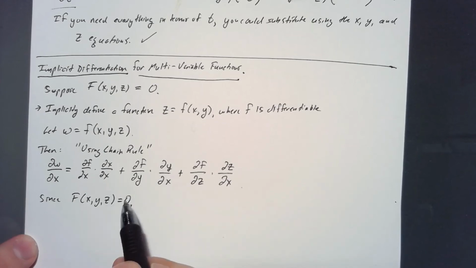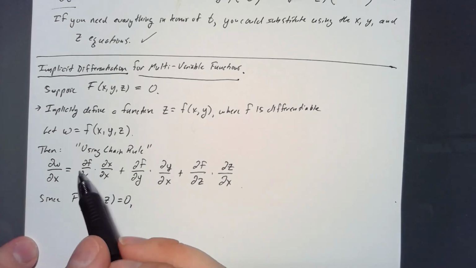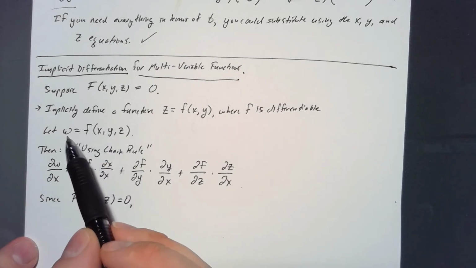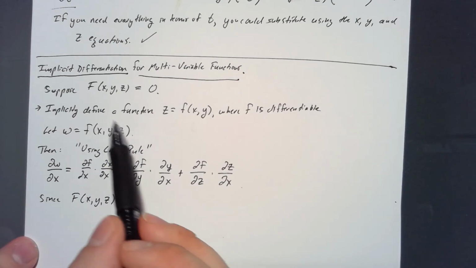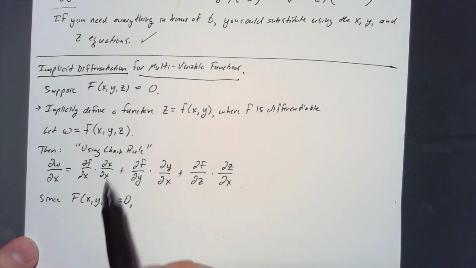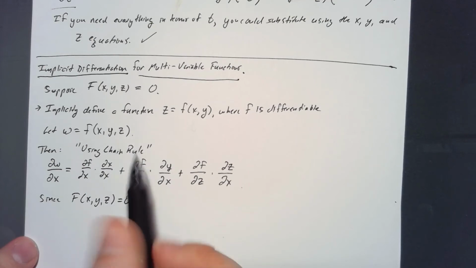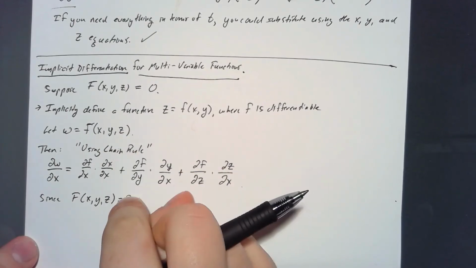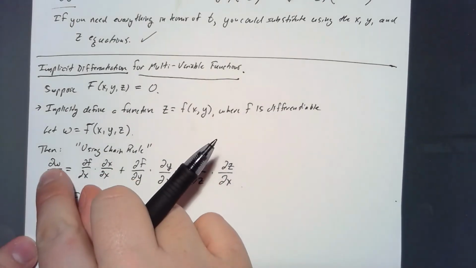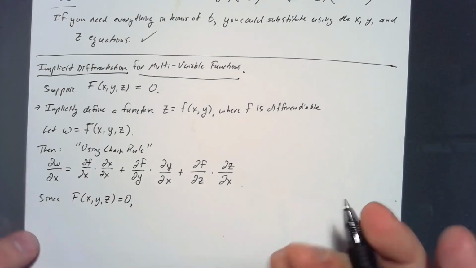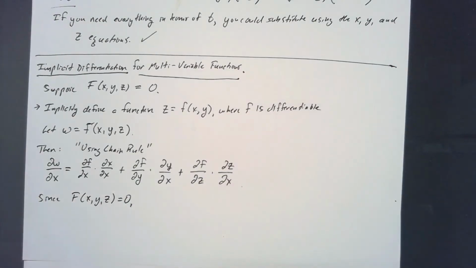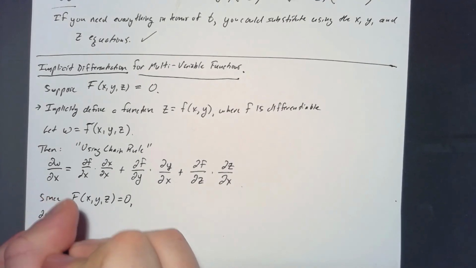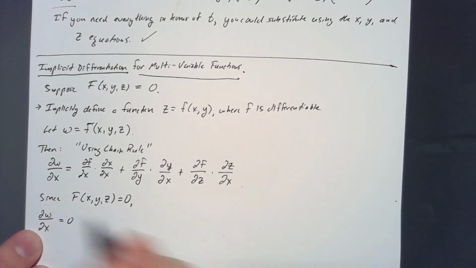Since this is equal to 0, well then what's the derivative of this with respect to x? If this is equal to 0, should be capital F, then what's the derivative of a 0 with respect to x? Well, what's the derivative of any constant? It's 0. So since this is the case, I could say that dw/dx is 0.